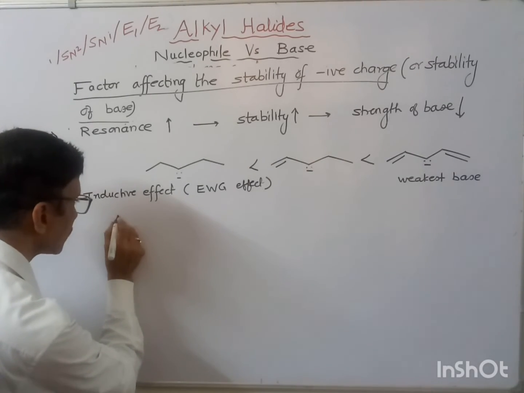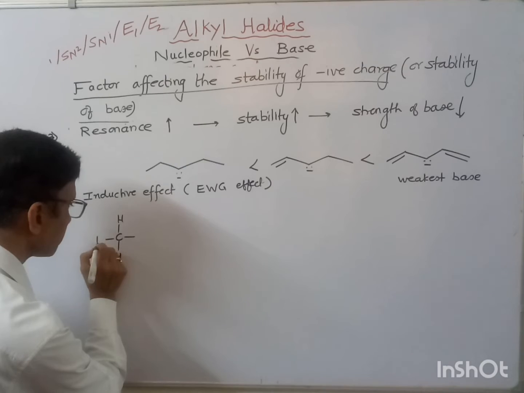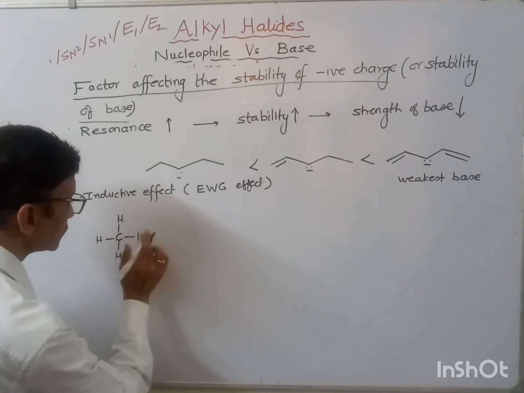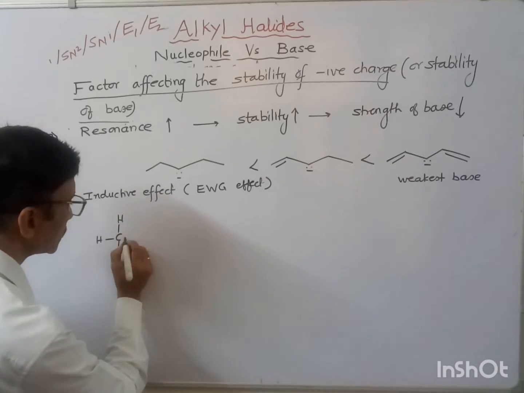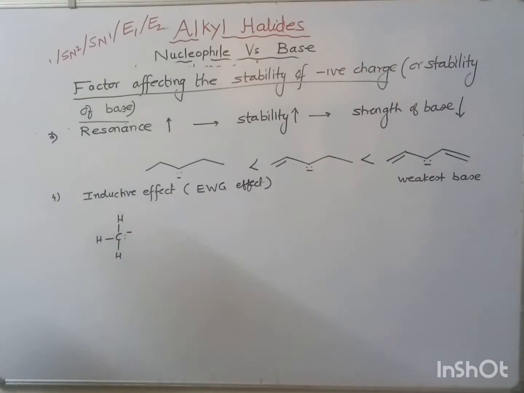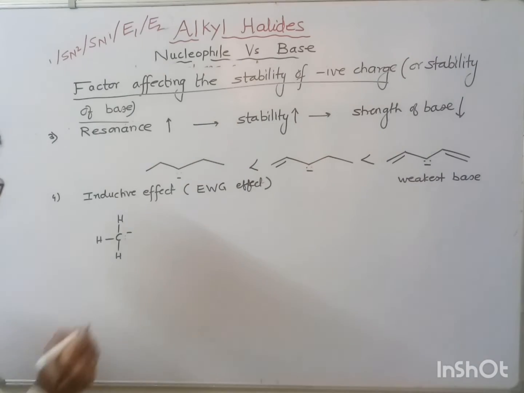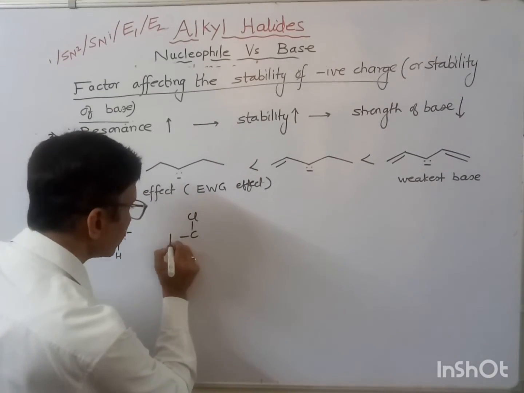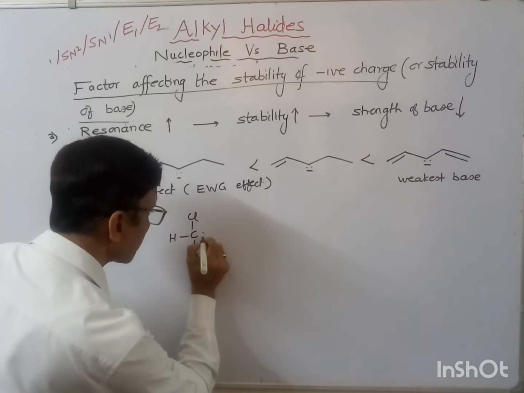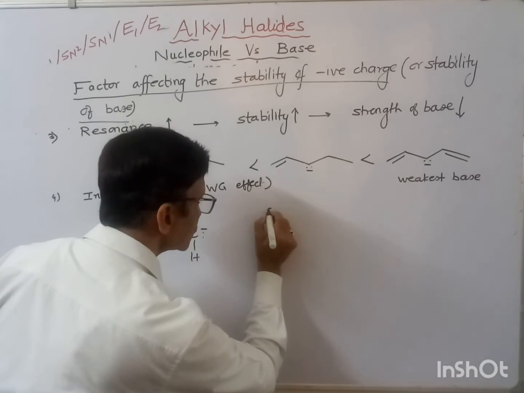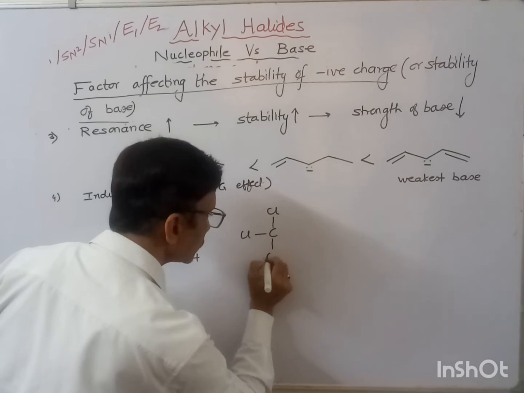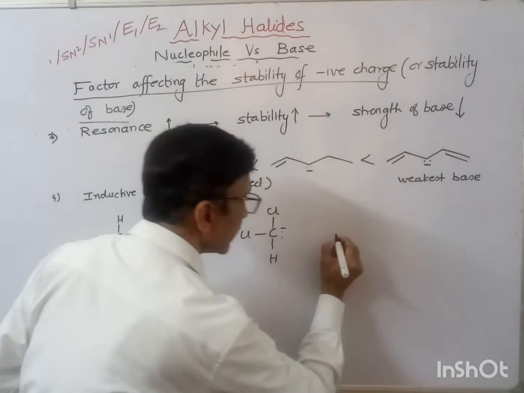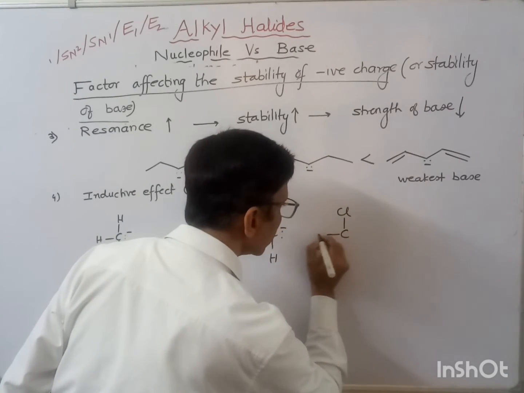And suppose we have CH3 negative charge species, another negative charge species having one electron withdrawing group, that is chlorine, another species having 2 electron withdrawing groups, that is 2 chlorine atoms, and the next one having 3 chlorine atoms.